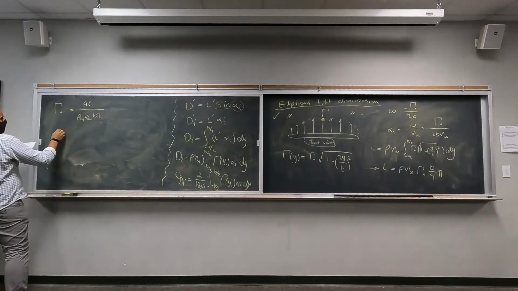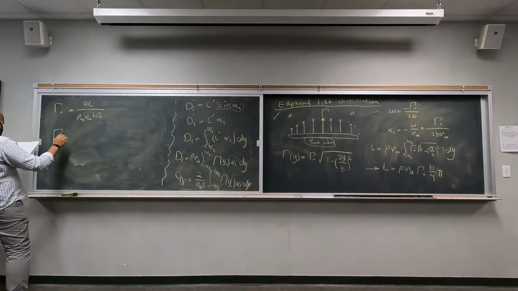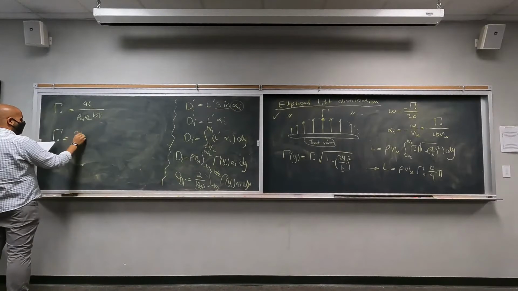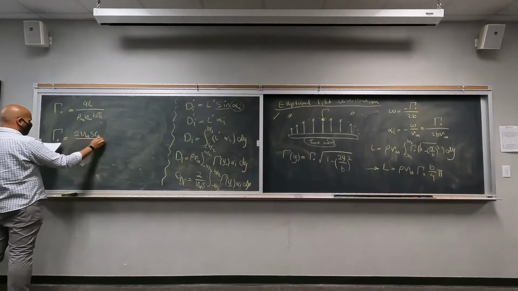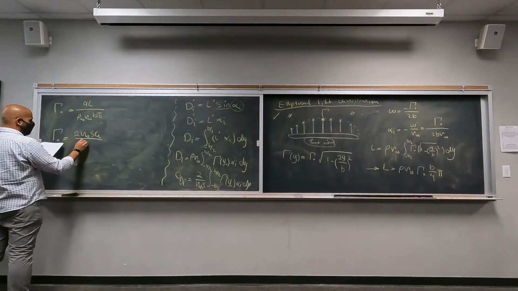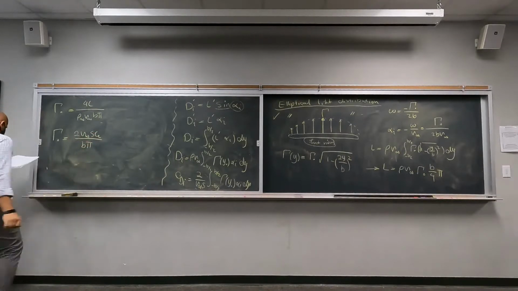If you have the value of CL, you can actually play with this to get the same equation as a function of CL divided by b pi.